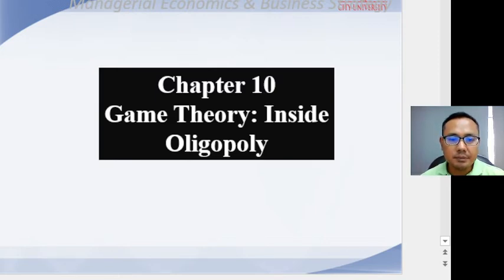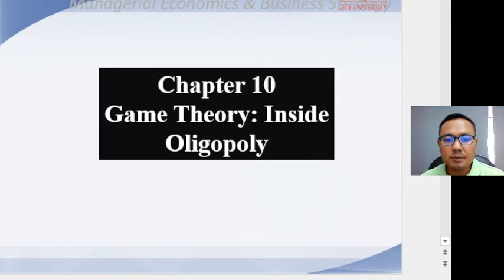So in this chapter, we will delve more deeply into managerial decisions that arise in the presence of interdependence. We will develop general tools that will assist you in making a host of decisions in oligopolistic markets, including what price to charge, how much advertising to use, whether to introduce new products, and whether to enter a new market.